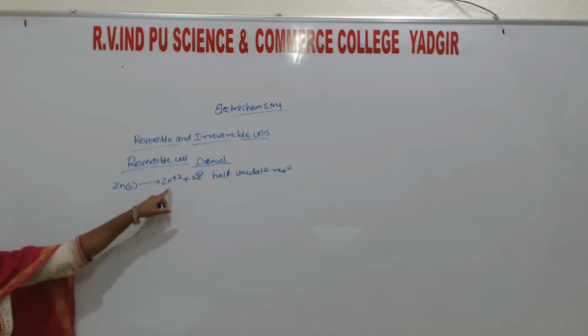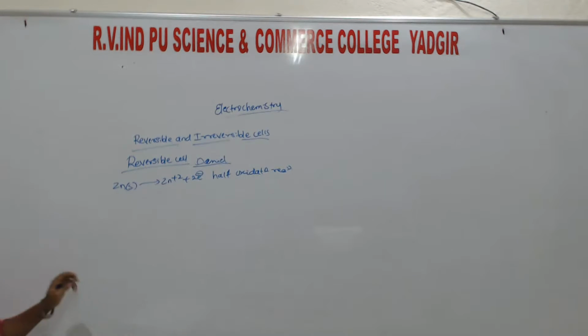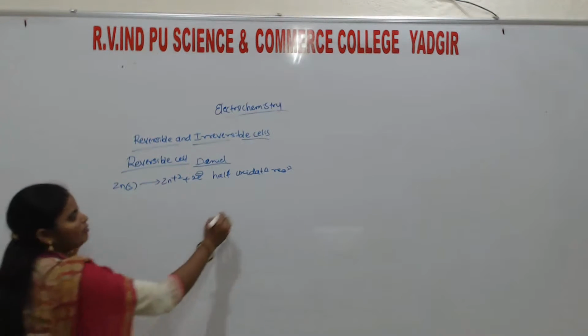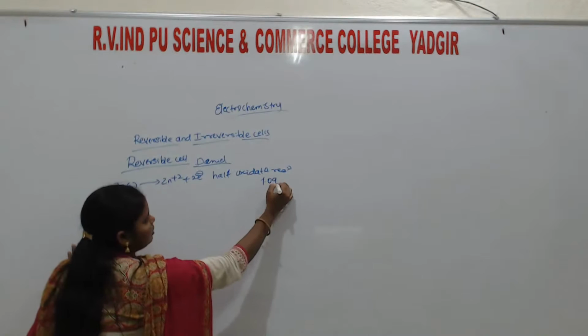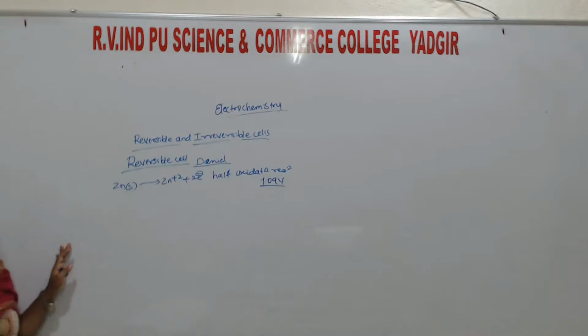Here zinc loses electrons. The whole process has an EMF of 1.09 volt.